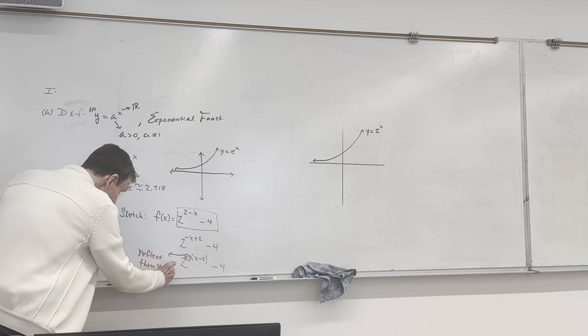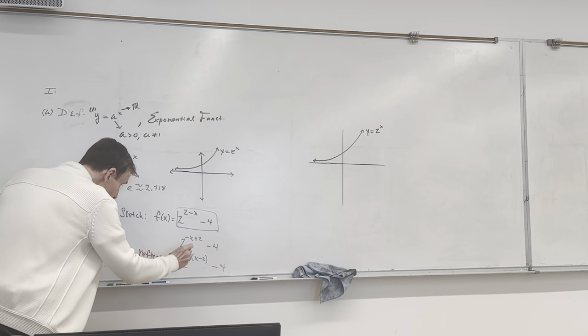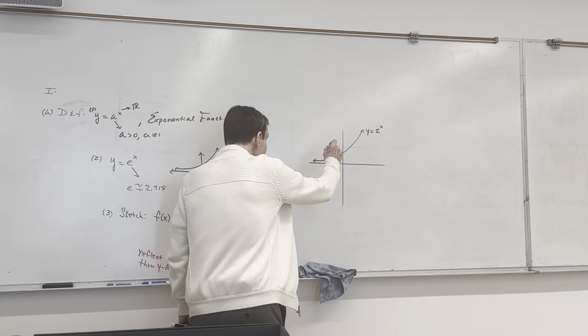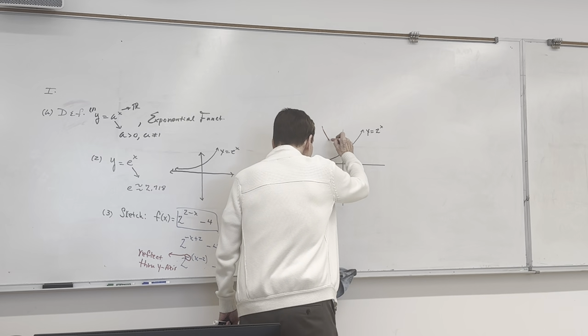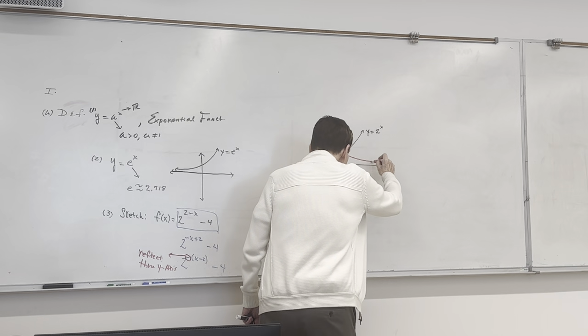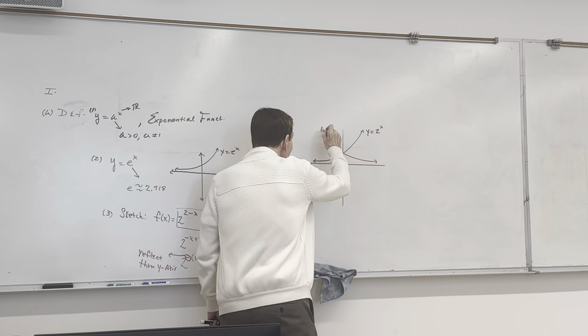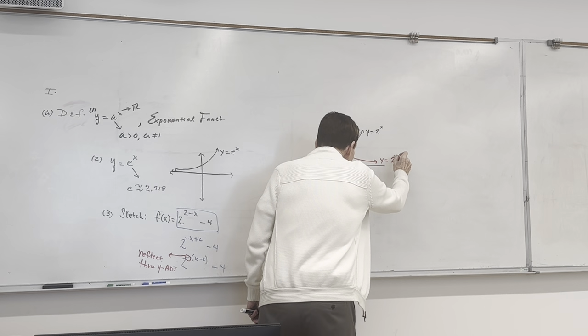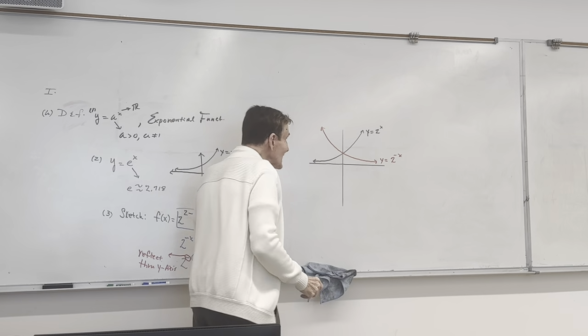I'll do that in red here, guys. In fact, I should do it right now since I'm talking about it. So I want to reflect this to the y-axis. Please tell me just for a rough sketch, might it look something like that? And call this y is equal to 2 raised to a negative x. Yes or no?